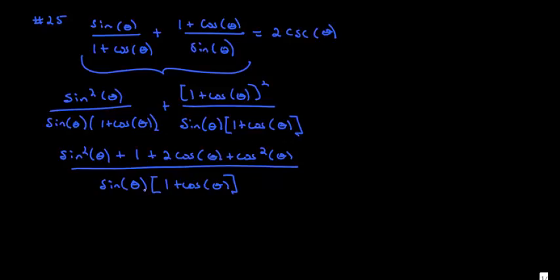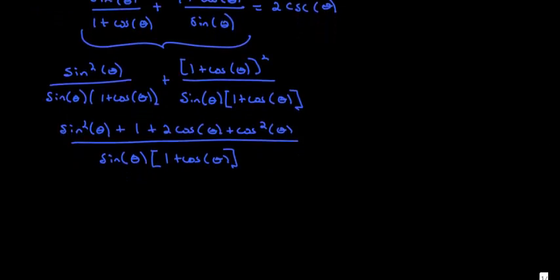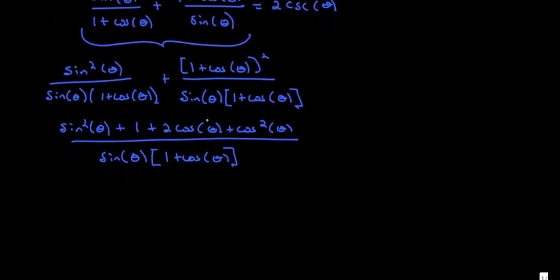Now what I want you to notice is that I didn't multiply this denominator out, and usually when you're working with these problems that's going to be very useful, because a lot of times things are going to cancel, like you're going to see in this next step. Whenever you've got sines that are squared and cosines, you want to replace those.